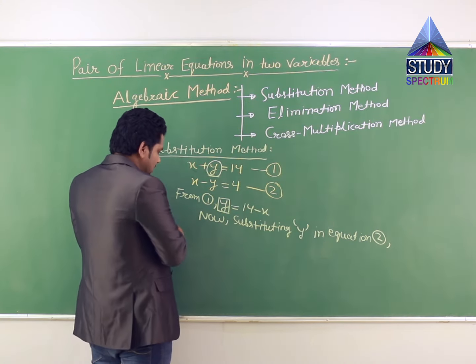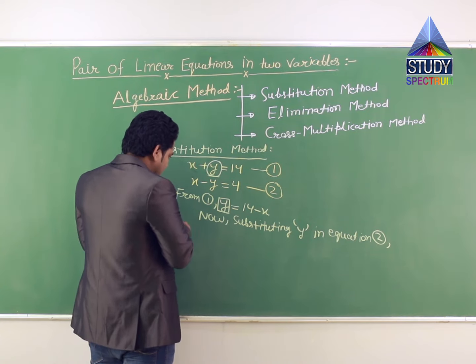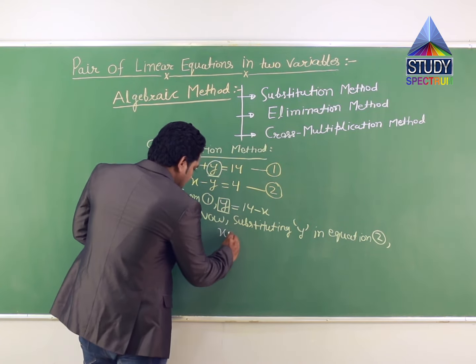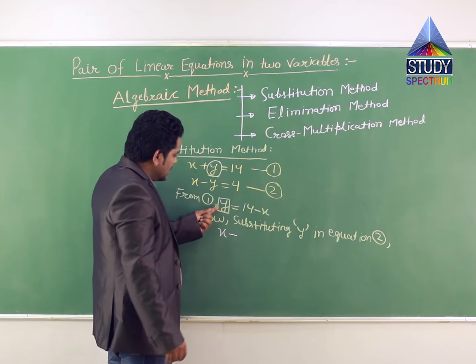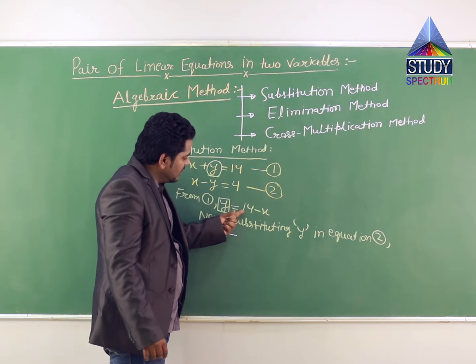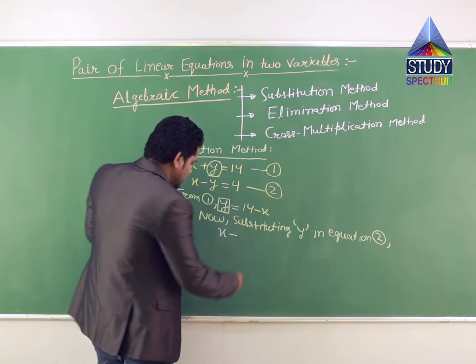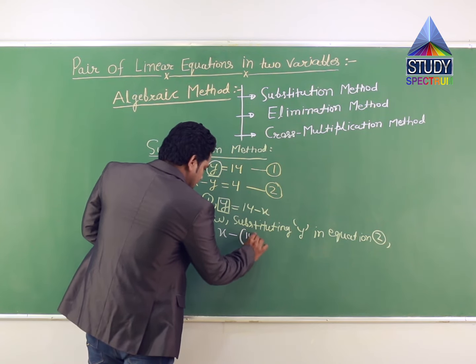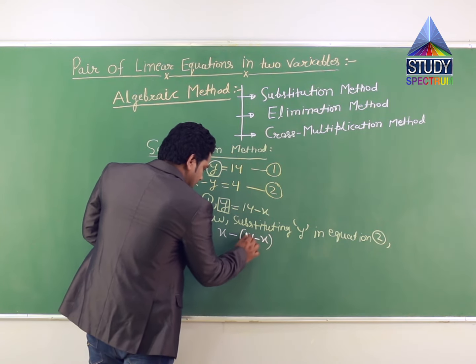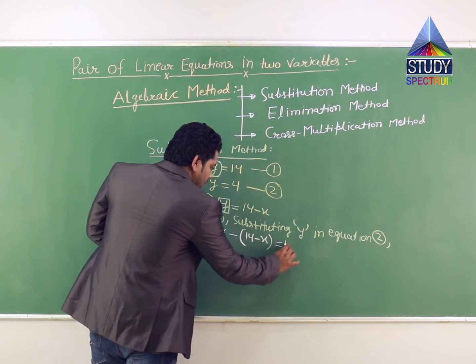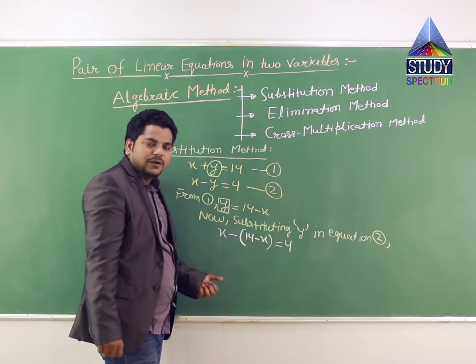So x is there, x minus, at the place of y we'll substitute 14 minus x, is equal to 4.